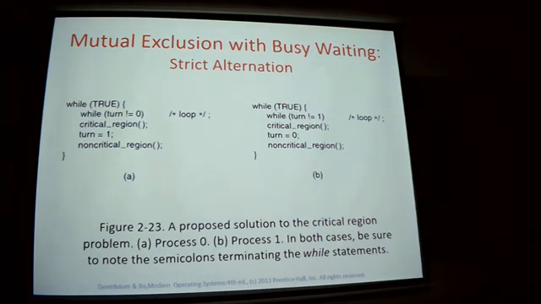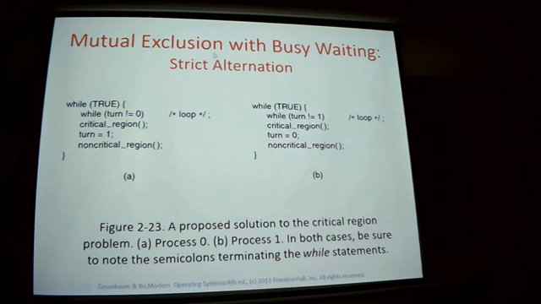On the contrary, if the value of term is 0, we can get that process 0 has left the critical region, and process 1 has left, and process 0 enters the critical region. So the key point in this program is the variable term.